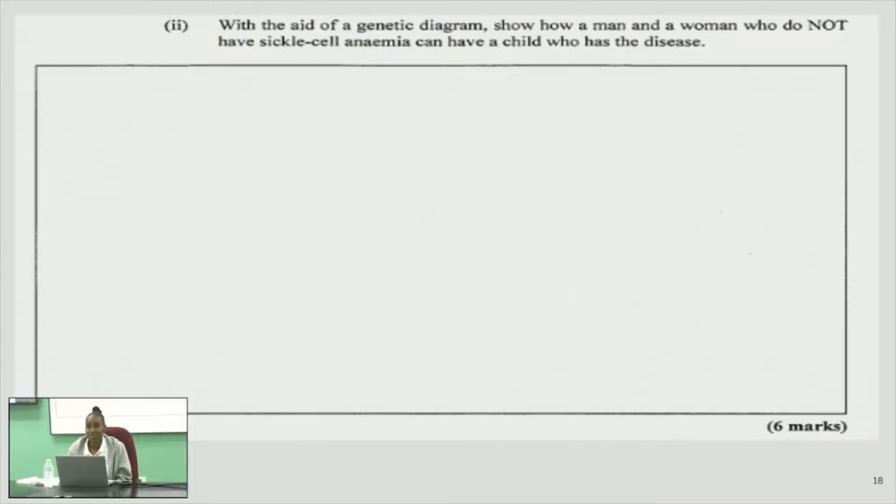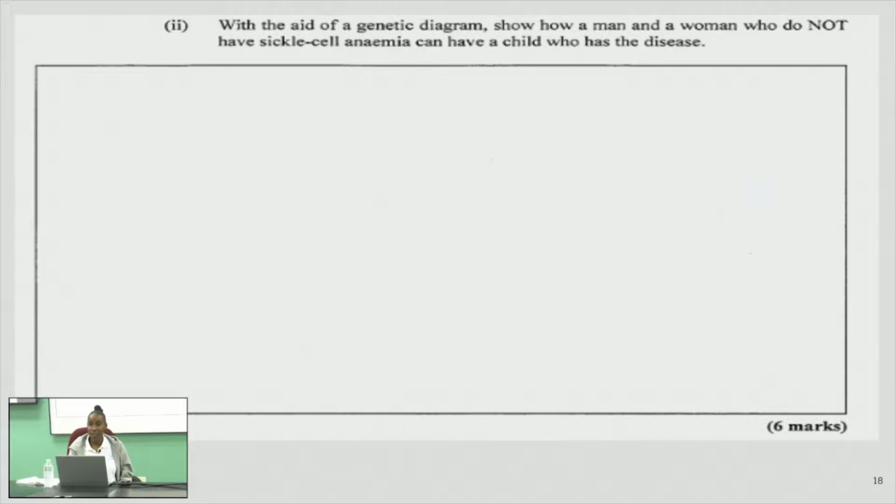Now, the next question is asking us to actually draw our Punnett square. So it says, with the aid of a genetic diagram, show how a man and a woman who do not have sickle cell anemia can have a child who has the disease.